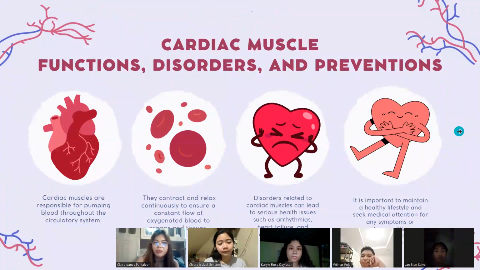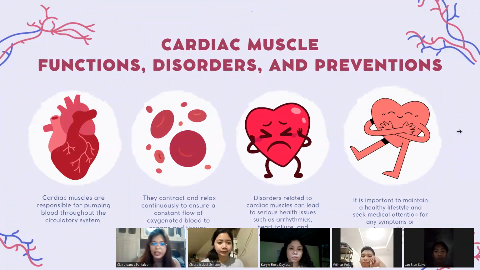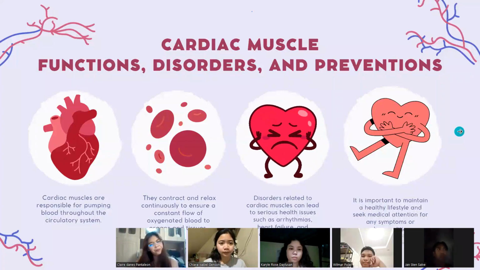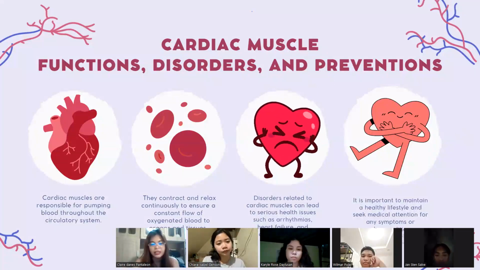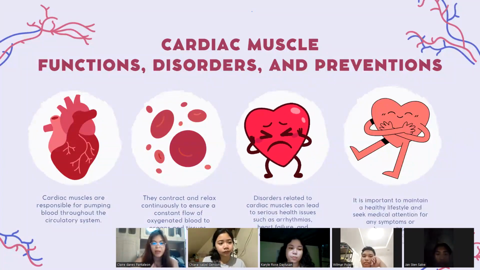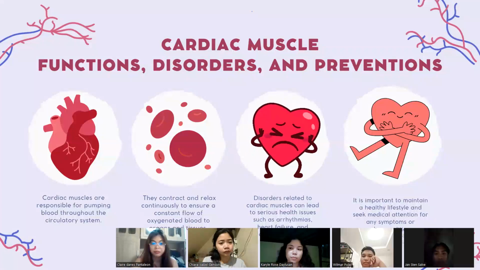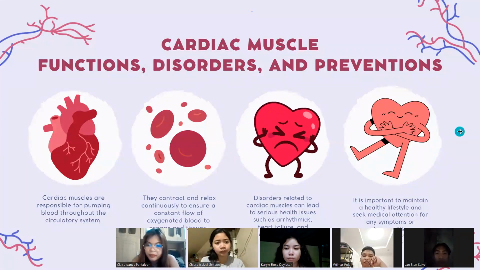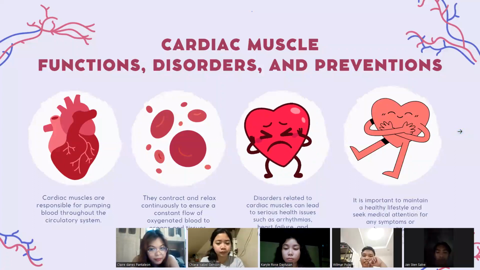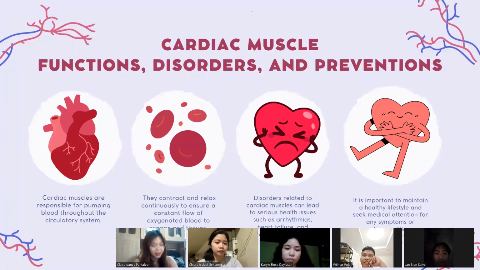Okay, so the cardiac muscle function, disorders and preventions. By the word prevention, what can you do to prevent heart diseases or a damaged heart? Healthy lifestyle. And of course, healthy exercise.